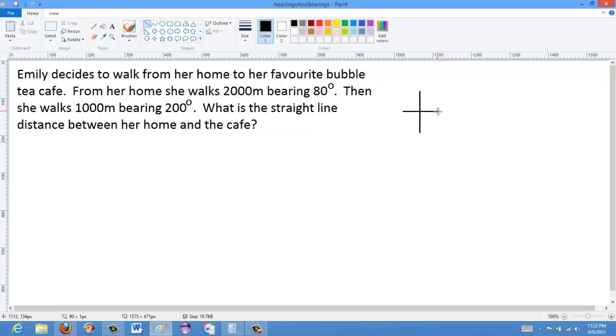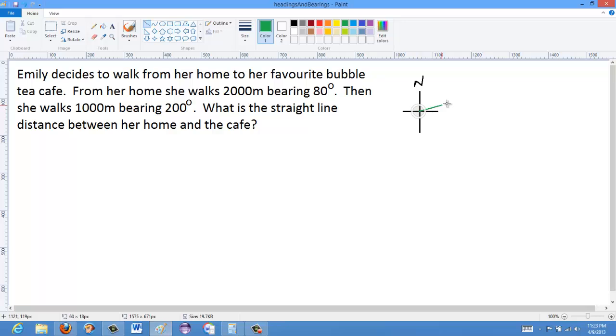I'm going to draw a diagram and just estimate what her path would have looked like. The first one said that this is north. The first thing she did is walk 2,000 meters bearing 80 degrees. So we're going to draw a line representing that path.